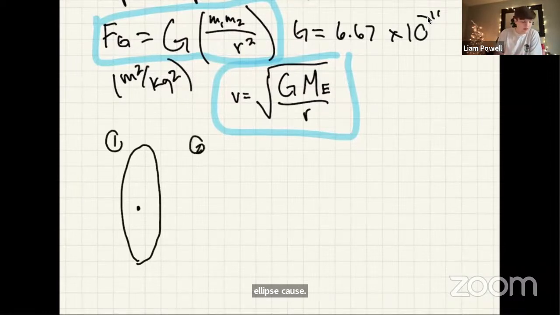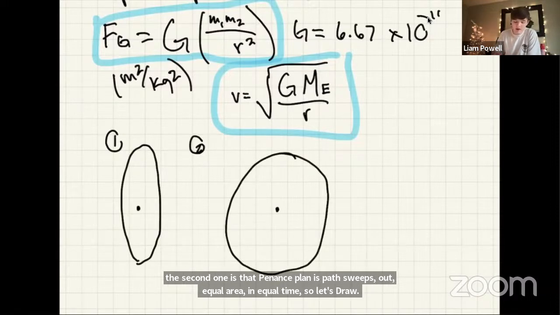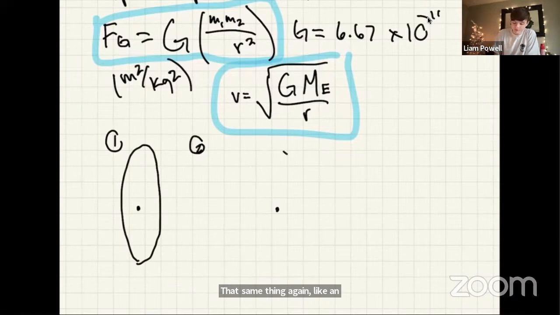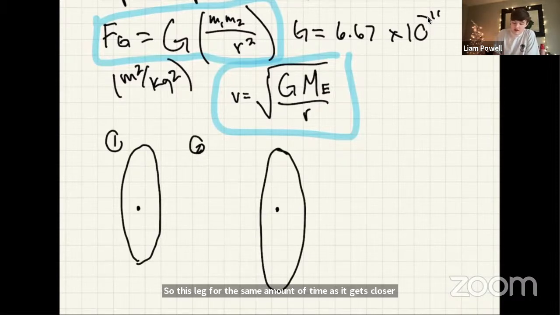The second one is that a planet's path sweeps out equal area in equal time. So let's draw that same thing again, like an ellipse. For the same amount of time, as it gets closer to the sun, the distance between the sun gets smaller, meaning that it'll cover more distance in a short amount of time.